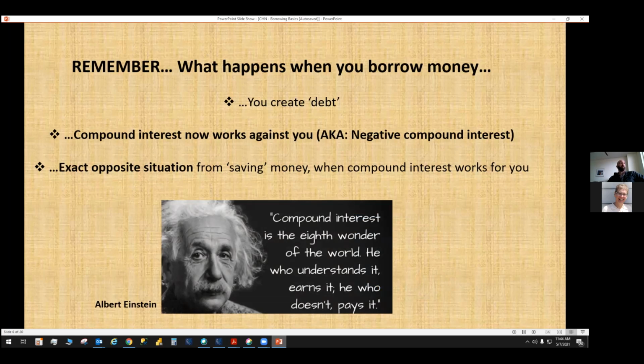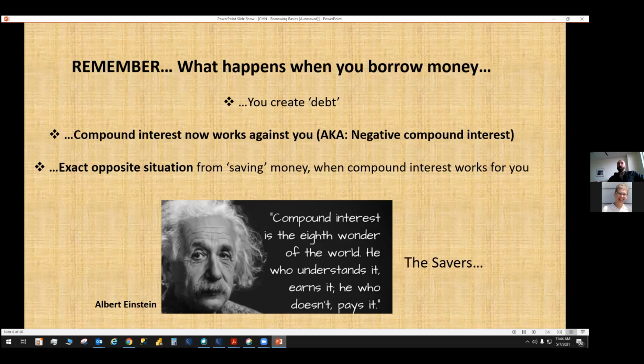So you increase the value of your savings with compound interest. When you borrow money, compound interest works against you. It's negative compound interest. You pay interest on the principal, and as that builds up, you end up paying interest on the interest, and it works against you because that's money you have to pay back. It's the exact opposite situation of saving.